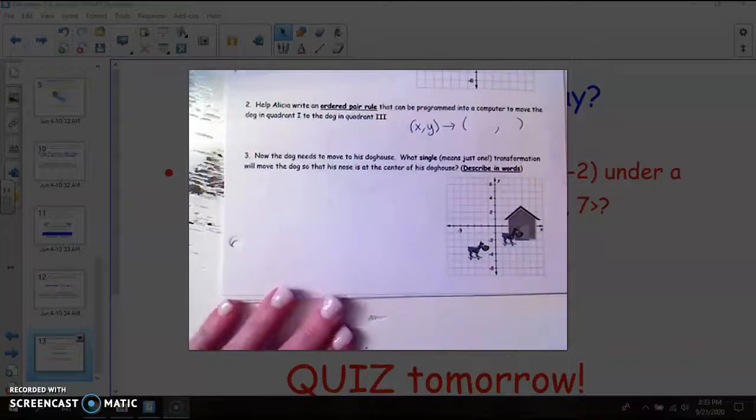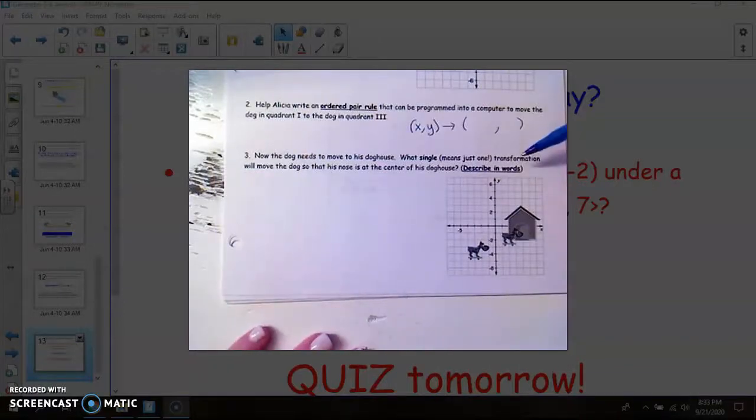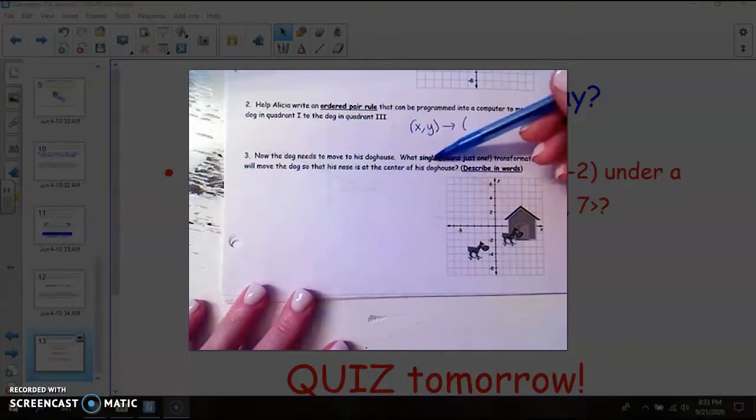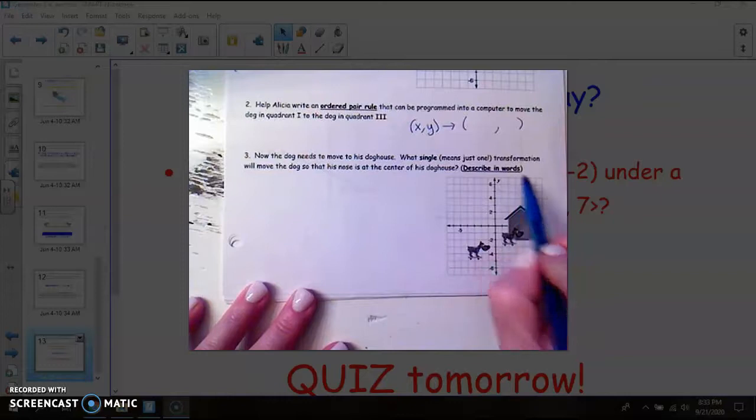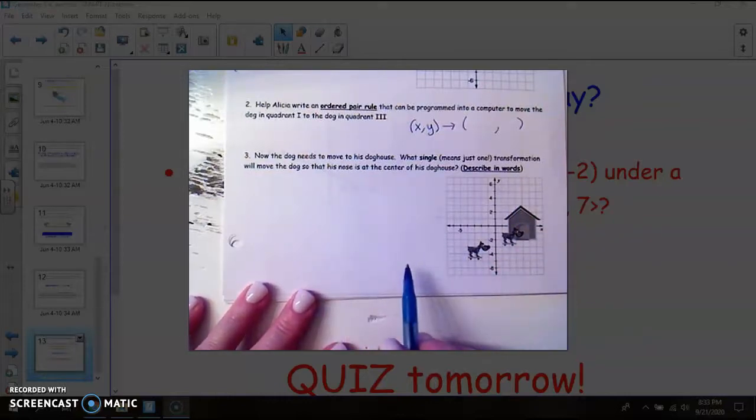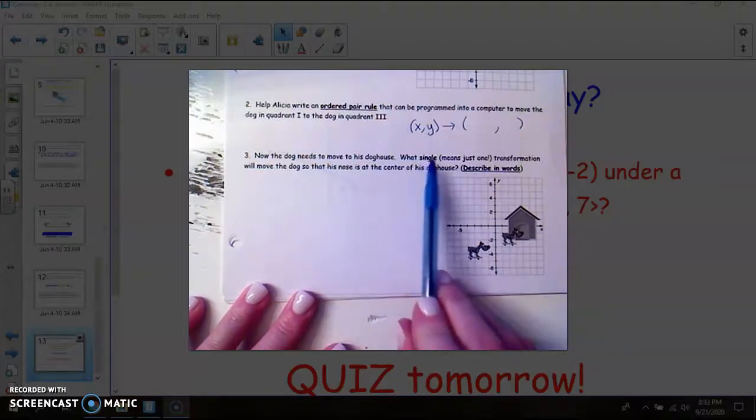Number 3, now the dog needs to move into his doghouse. So it says what single, remember that means just one, transformation will move the dog so that his nose, which is starting here, will end up here. And you're going to describe it in words, and it's only one. So don't say it's a rotation and then a translation. That's not a single. Single means only one.